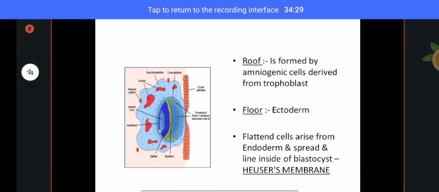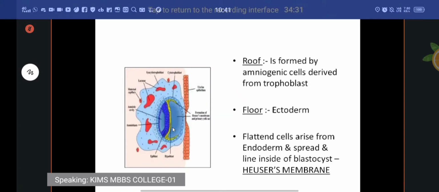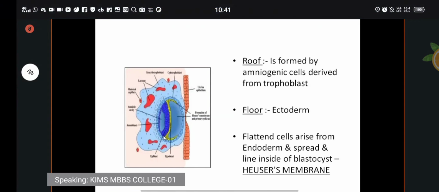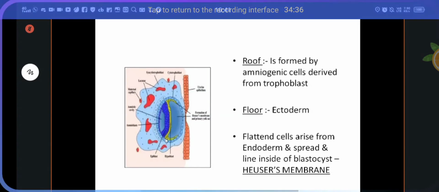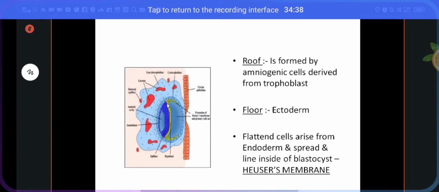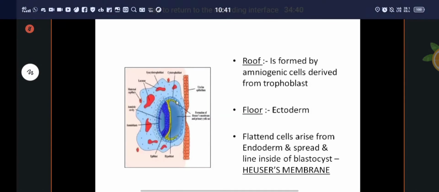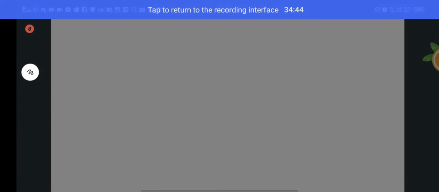Now, some flattened cells arise from this endoderm, and they spread and line the inside of the blastocyst. Here you can see in the diagram these yellow colored cells.